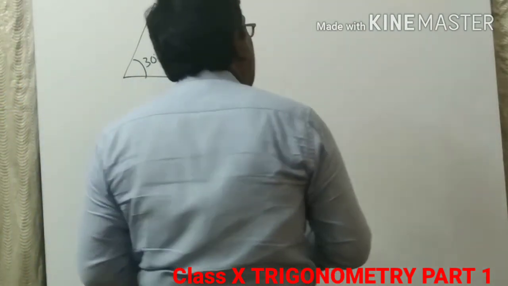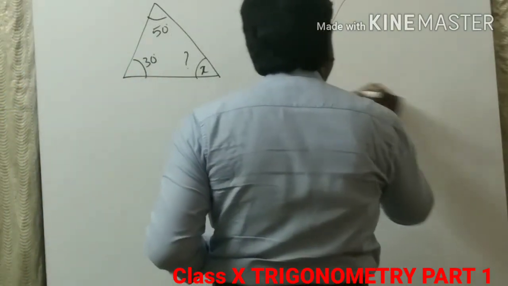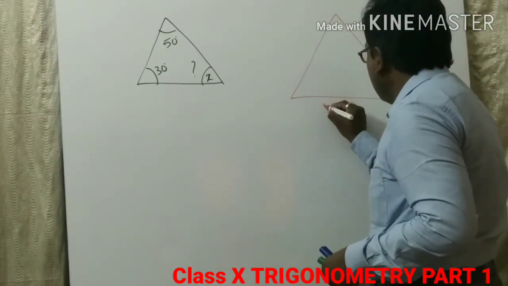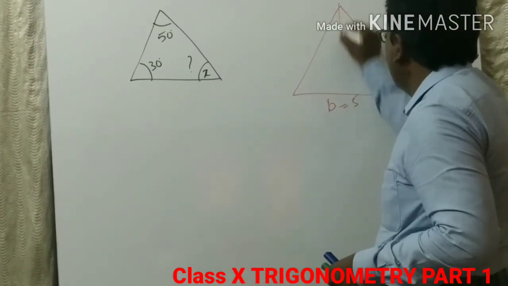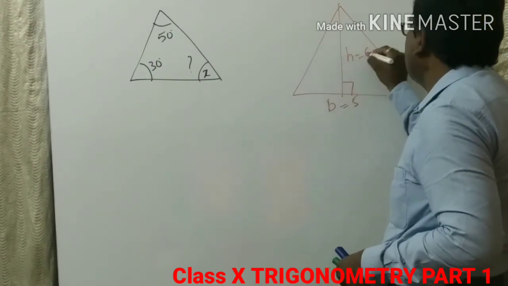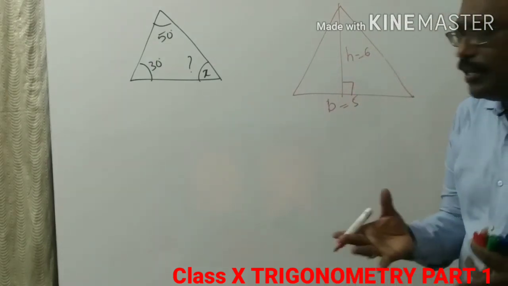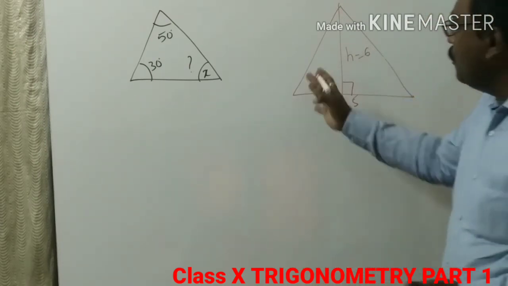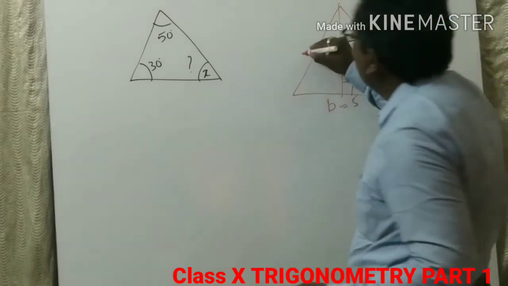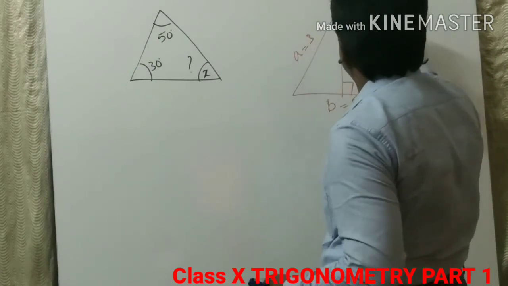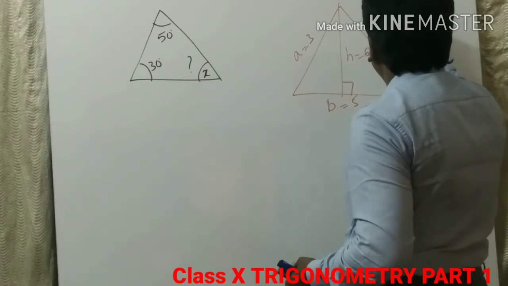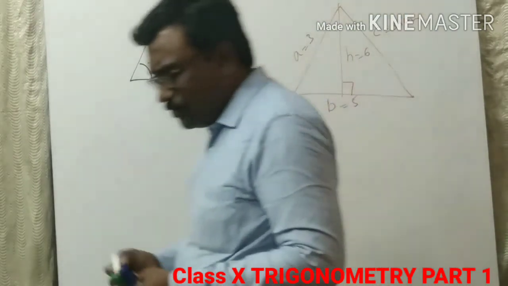Suppose in class 9th you already learned the area of a triangle. Suppose the base is 5 centimeters and the height is 6 centimeters. Then by using the geometric formula half base into height we can find it. Or else the 3 sides are given, some 3 centimeters, and c is equal to 3.5 centimeters.